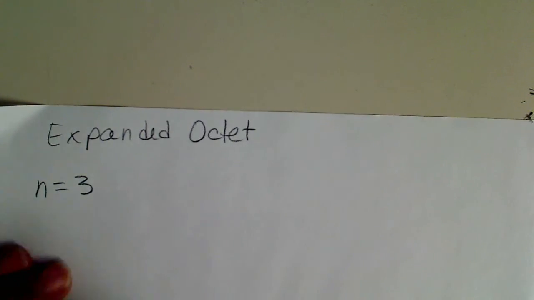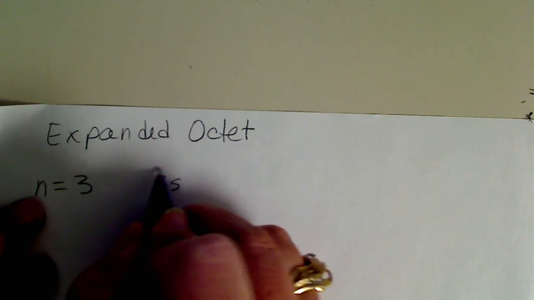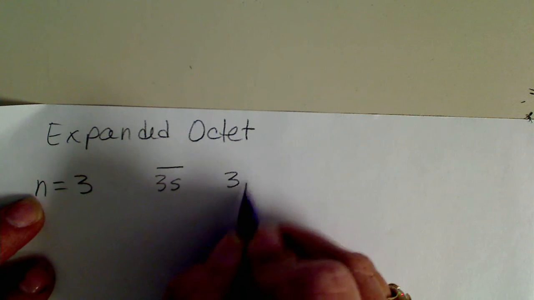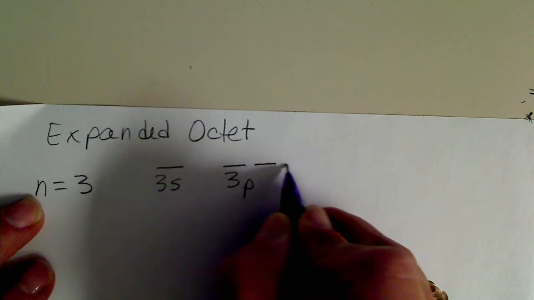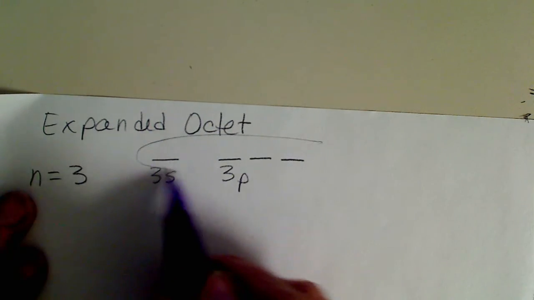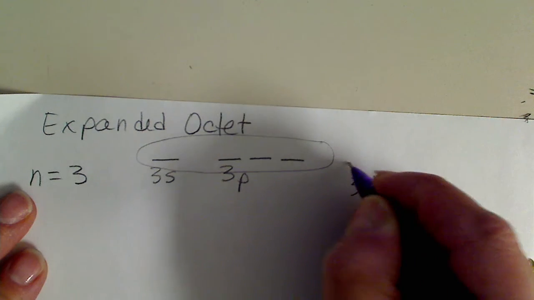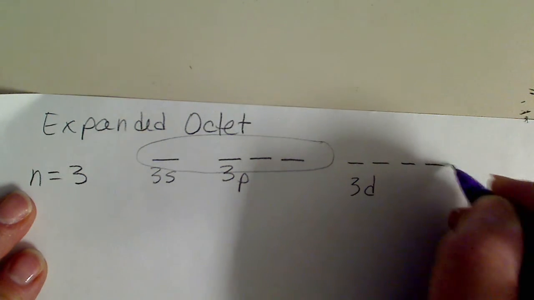So an expanded octet: remember when n equals 3, we have a 3s orbital, and then there are always the three p orbitals, so here's where our magic number 8 comes from. But then there are also d orbitals available.